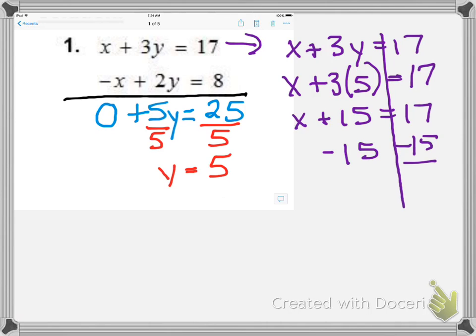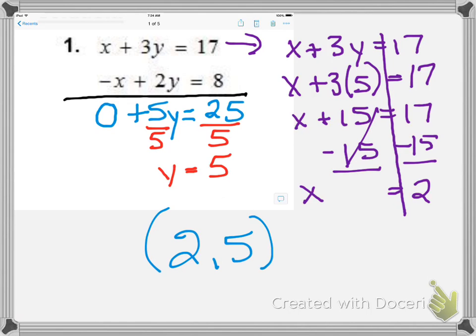If you need to draw the golden rule line, you can. So now we have x, and that gives me 0, is equal to positive 2. So our final answer for this one is 2, 5. And again, I encourage you to use a calculator to sub back into both equations to confirm your answer.